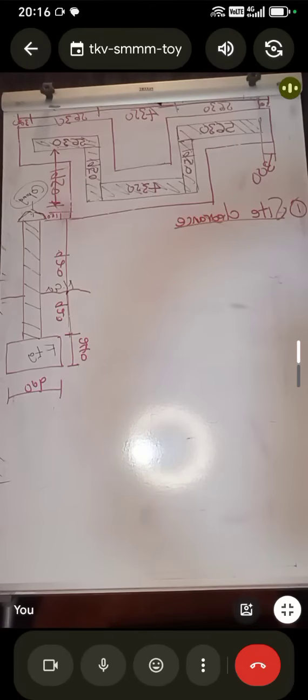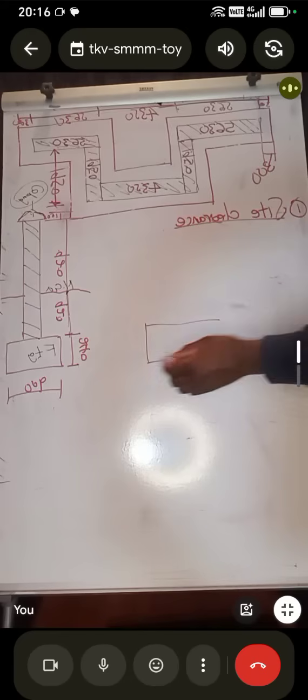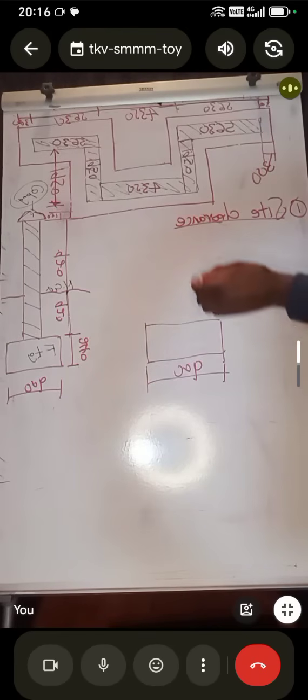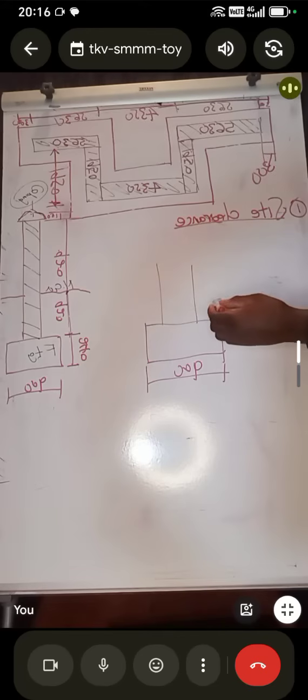They didn't specify the thickness of the wall. But we can get it also. Now they gave us the backfilling. This is a footing, which is 900. They said the backfilling is 300.